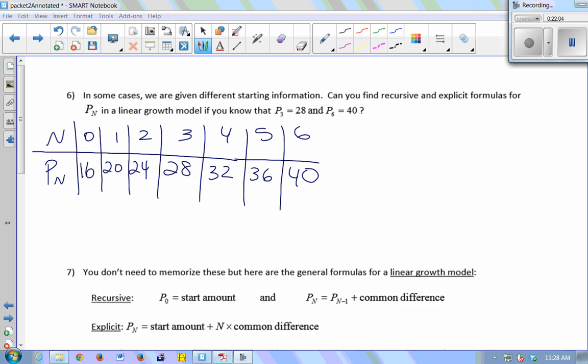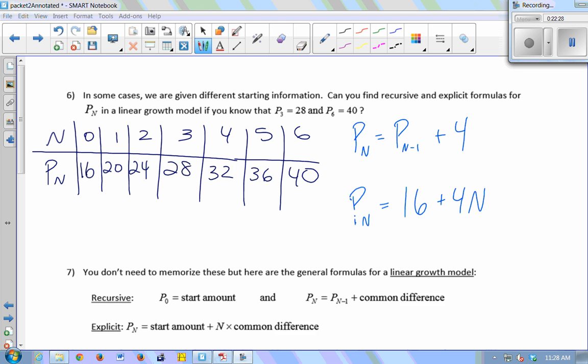So my recursive formula, P sub n, is going to be P sub n minus 1, just take the previous number and add 4. And then my explicit formula, follow the same model that we did before. Take the starting amount of 16 and add 4 every year for n years, so 16 plus 4n.